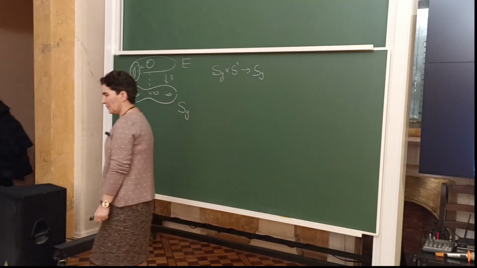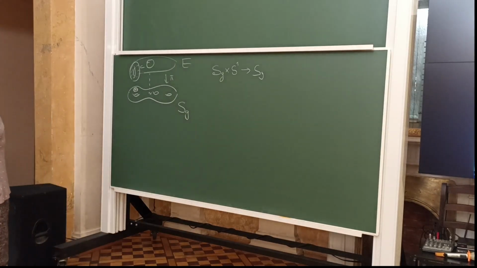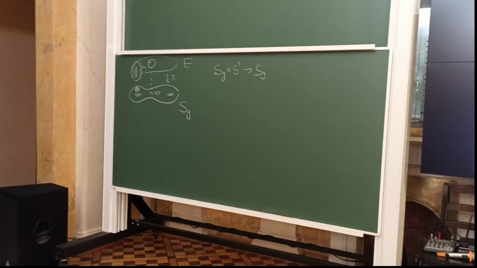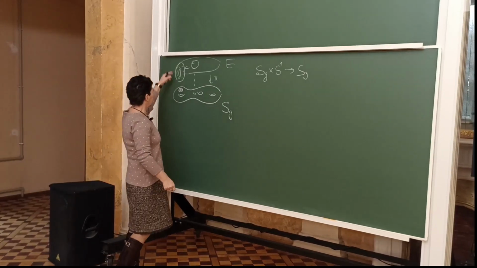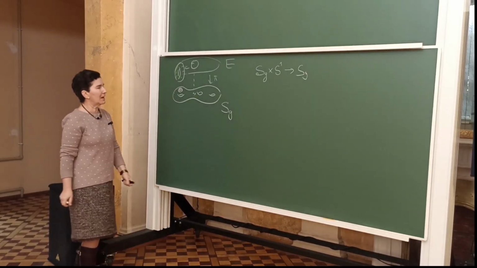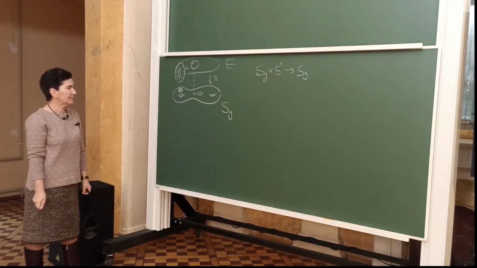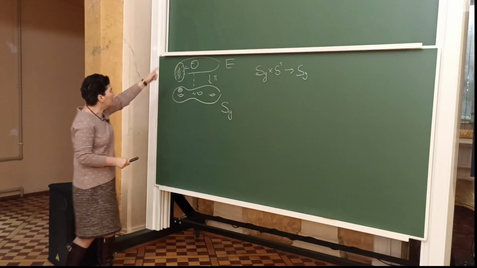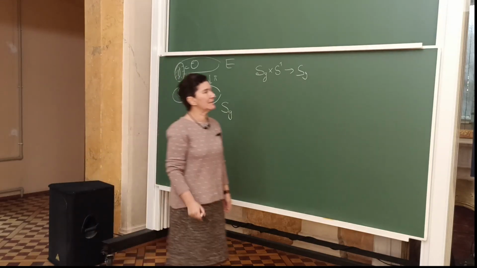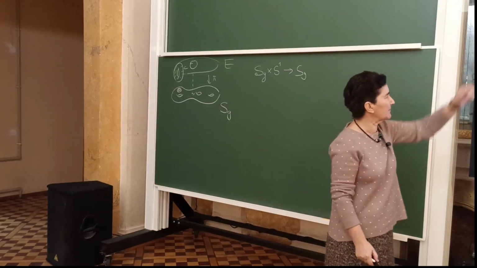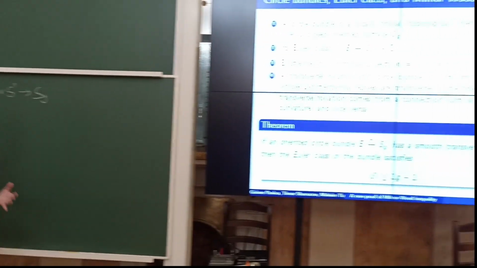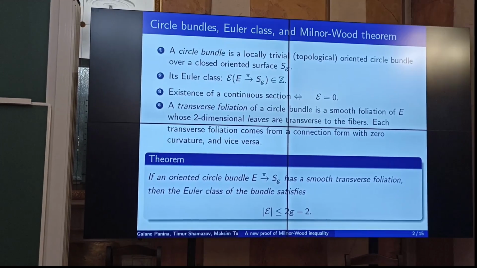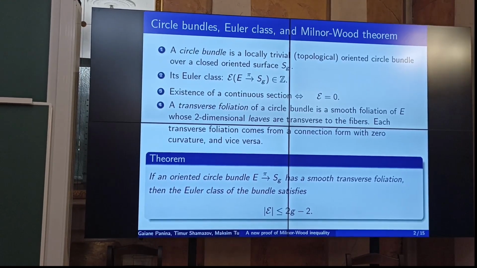Depending on how many times I twist and in which direction, after patching back I get another fiber bundle, and the number of twists is exactly the Euler number, the Euler class.